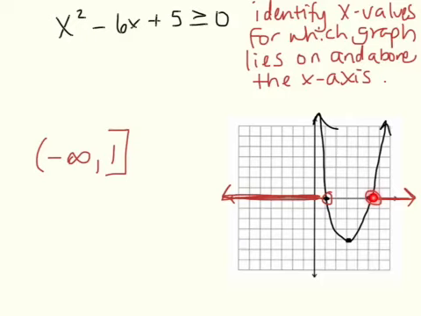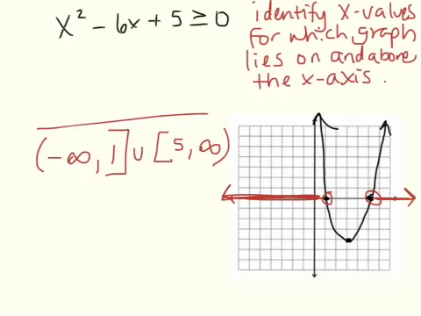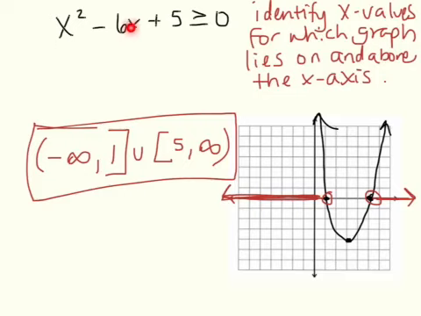So it starts again at this next root, which is 5, from 5 to infinity. So the x values that I can plug in here that would make this greater than or equal to 0 are anything from -infinity to 1 and anything from 5 to infinity.